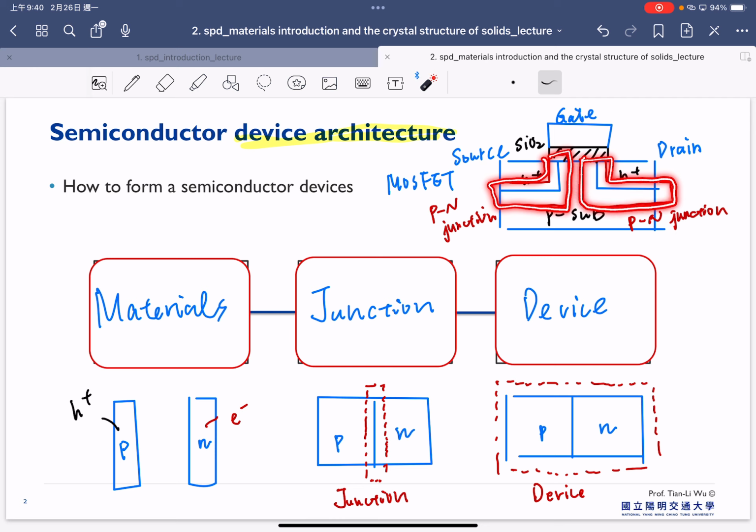And also the bias here at the drain side is not a constant, it will very much depend on your operation condition. So understanding the PN junction is very crucial, because in the end we will certainly use the PN junction to understand the MOSFET as well.